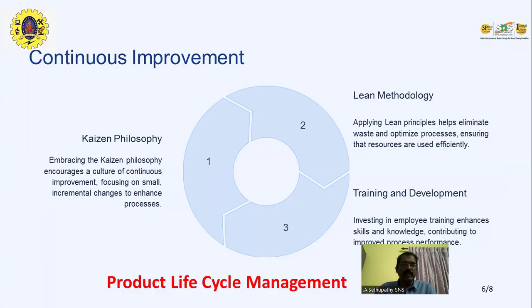So this is lean methodology. And training and development: we use many workers, machine operators, and quality checkers. We give proper training on how to check the products and how to make the products in good condition. So these are all continuous improvement.